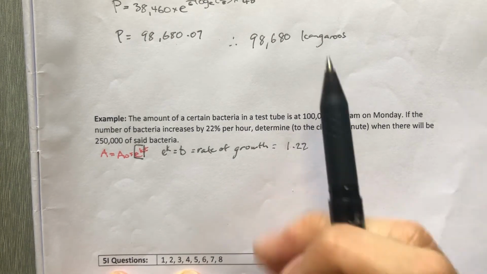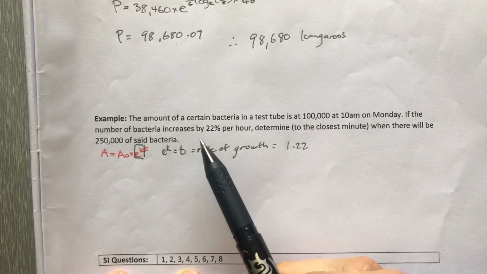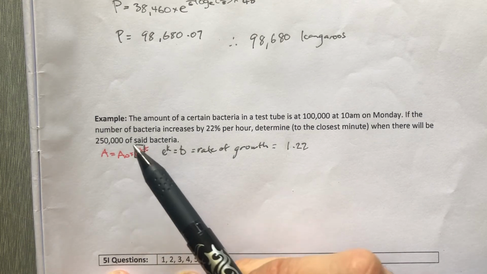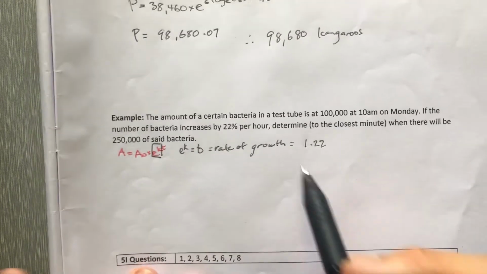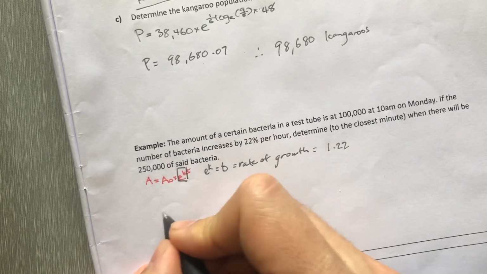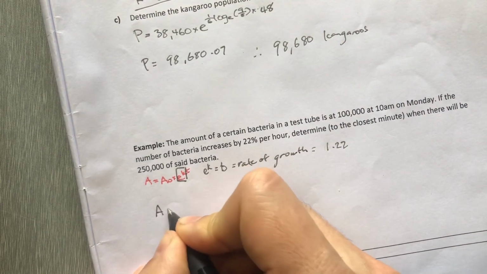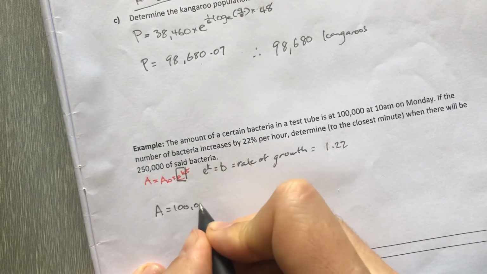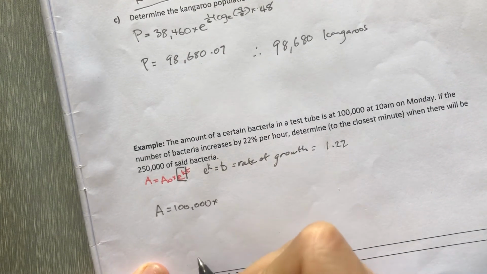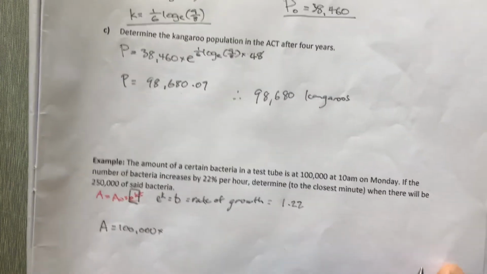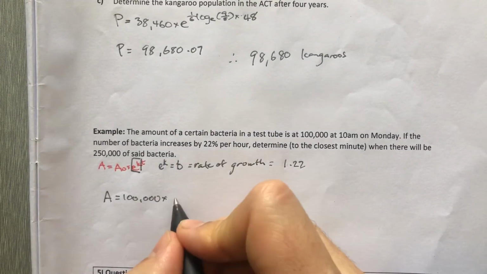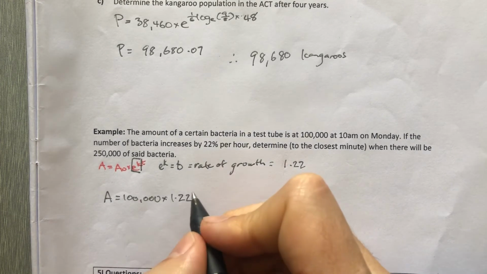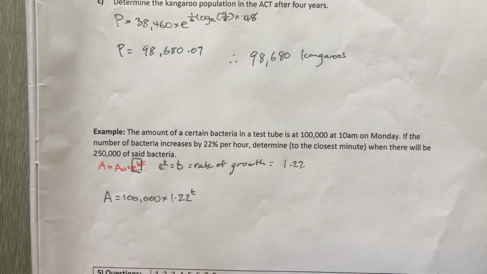So what do we want to find out? When there'll be 250,000 of that bacteria. So our rule is going to be this: the amount at the start, which was 100,000, times our growth factor, which is 1.22, to the power of t, which is how long it takes.